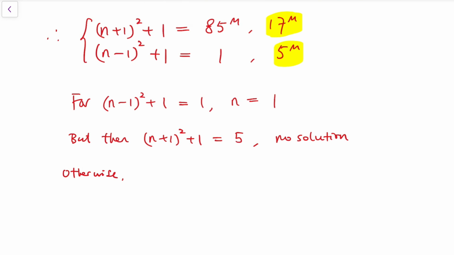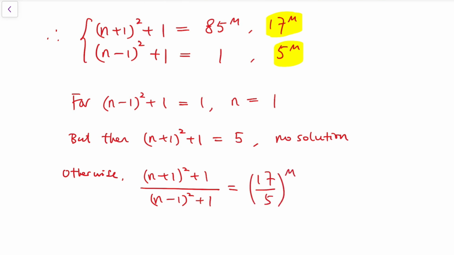To proceed, I'm going to write this as n plus 1 all squared plus 1 all divided by n minus 1 all squared plus 1, and that equals 17 over 5 to the power m.